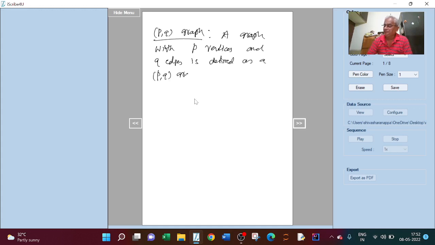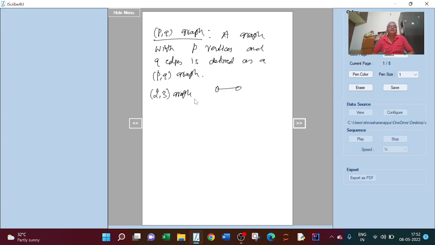If the number of vertices equals P and the number of edges equals Q, then it is a (P, Q) graph. We write this as P comma Q graph, say a 2 comma 3 graph, that is 2 vertices and 3 edges.